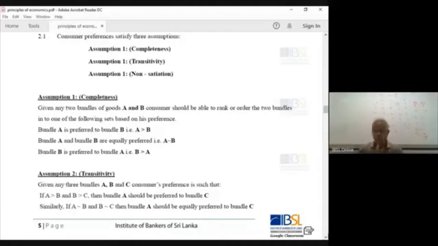These are the only 3 possible answers. No other answer. That is called completeness. Given any 2 bundles, any 2 goods, any 2 services, any 2 situations, the consumer should be able to give his ranking: A is preferred to B, B is preferred to A, or A and B indifferent, equal.